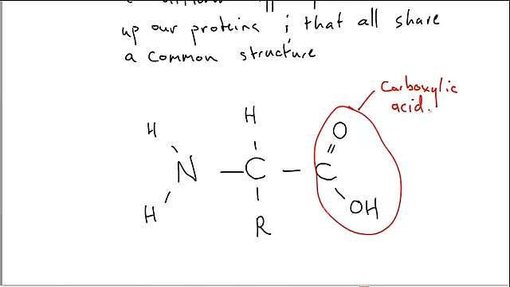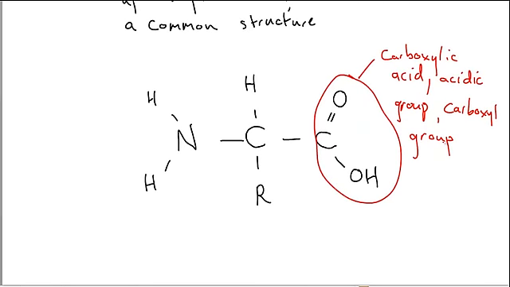So sometimes it's called carboxylic acid, some people will call it the acidic group of the amino acid, that's where they get their name from. Some people will more often call it the carboxyl group. And all amino acids have this group attached to them.